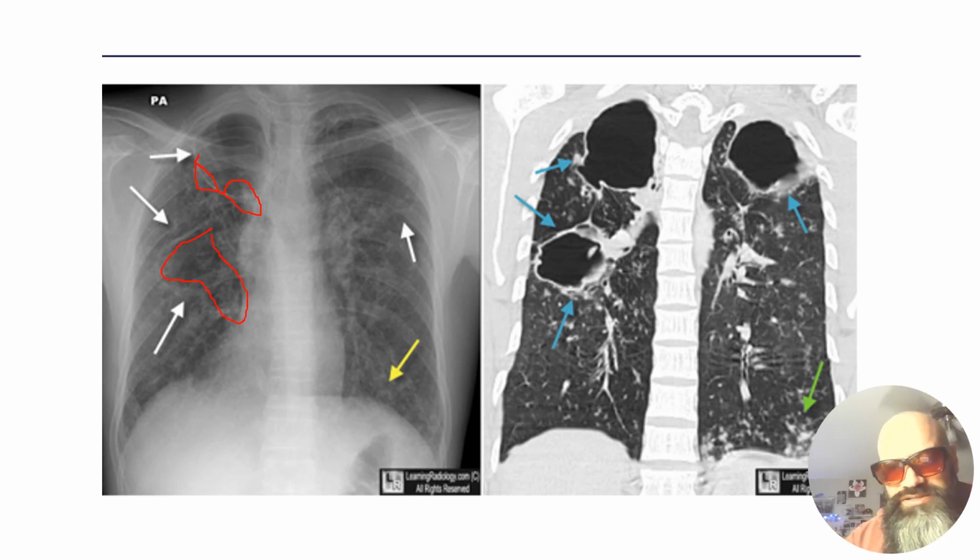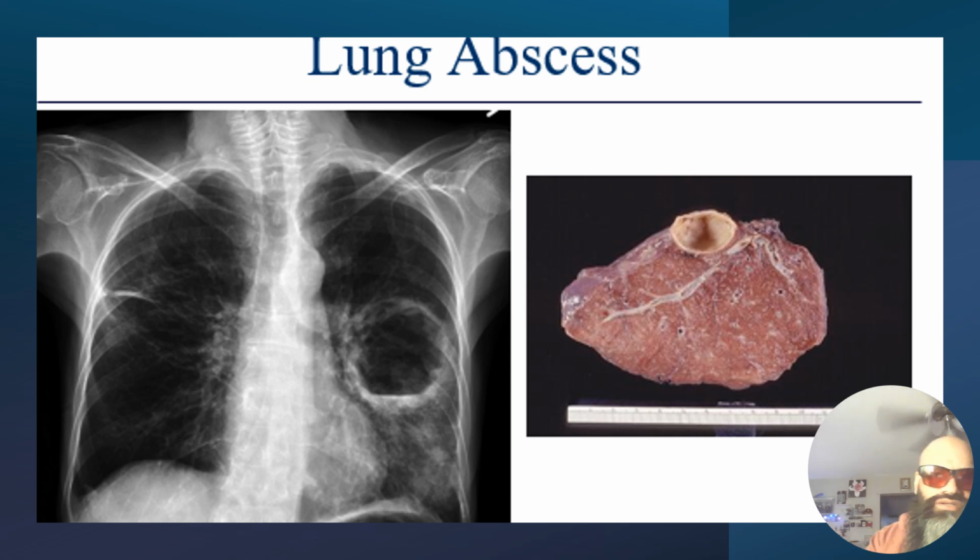Here's a more detailed image with a CT scan, as we can see them here as well. Lung abscess. Same process here. We have air in the center with a gravitational loculated fluid line here in the surrounding structure.